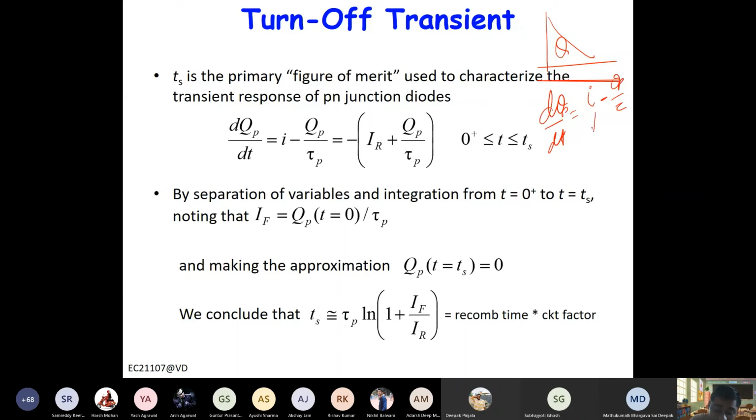Now in reverse bias, this charge, instead of being supplied, is extracted, right? So you can write minus IR, with a minus sign because charge is extracted, minus Q by tau. And when you solve this equation, you get an expression like this. How? Let's say at t equal to 0, what is the charge?